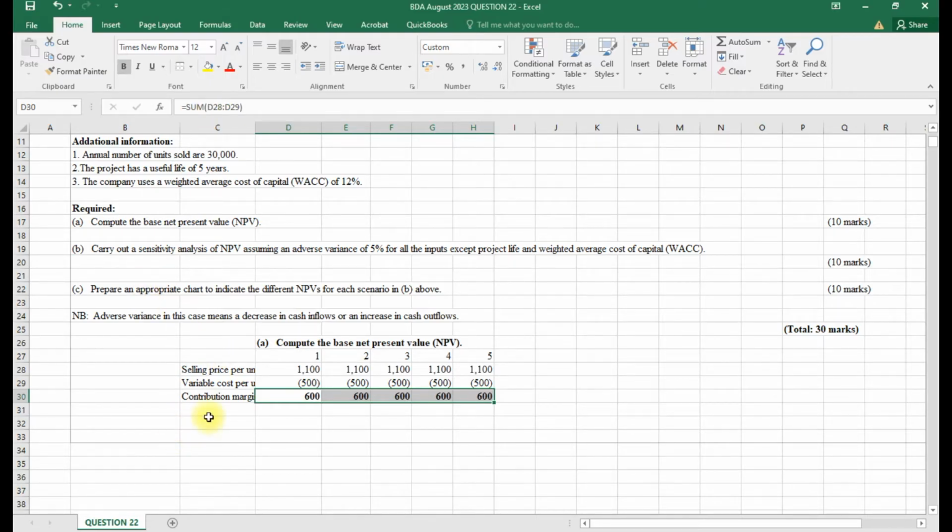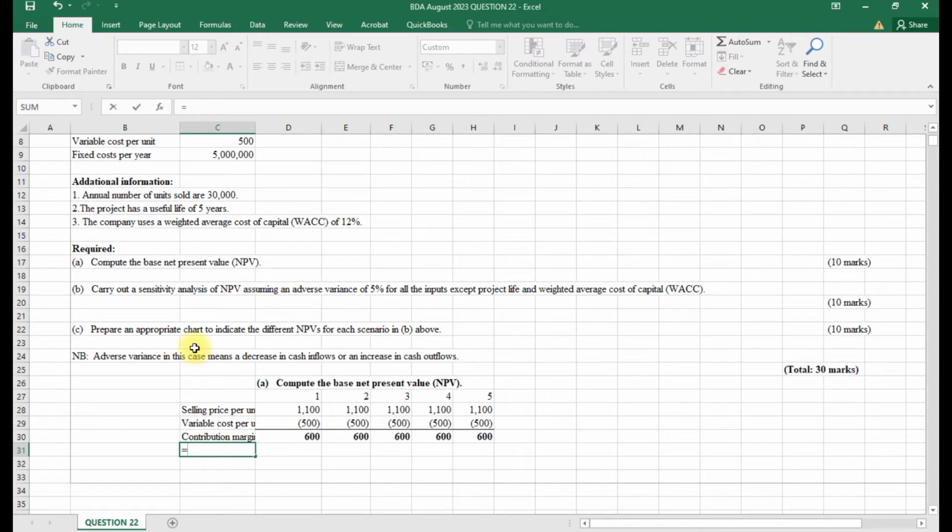Then I have the units here, the annual number of units sold. The units sold were 30,000 each year.